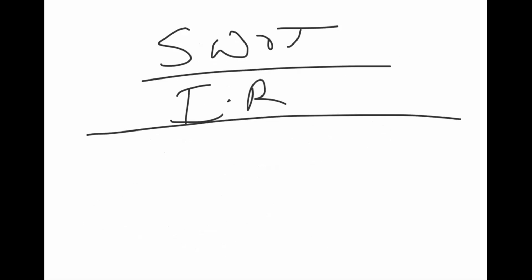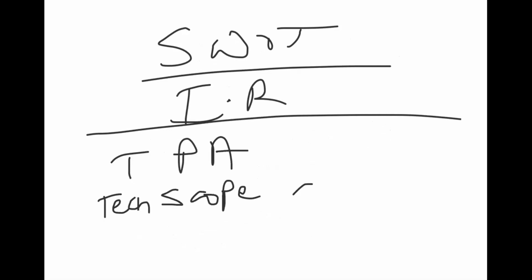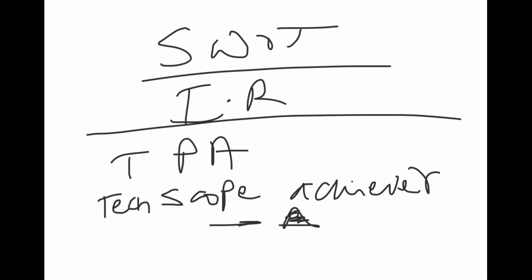We've got TPA, technical performance analysis, which looks at the technical scope achieved at a milestone. Is that the tech scope we were looking to? We've got 50 out of 80 requirements. Is that what we were looking to do?